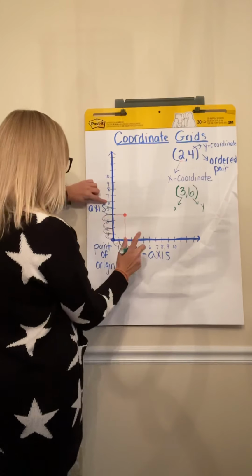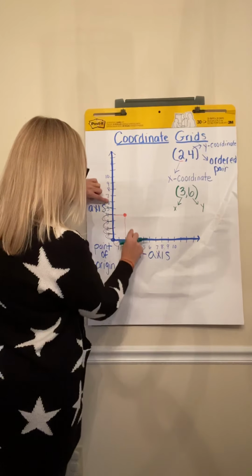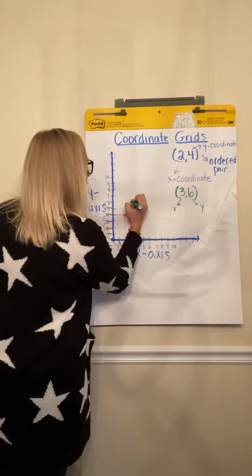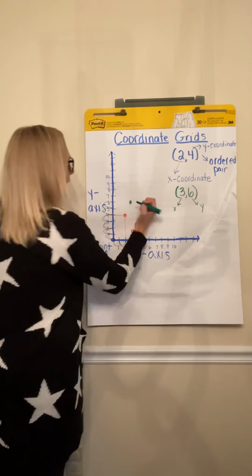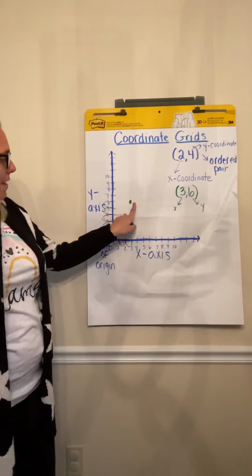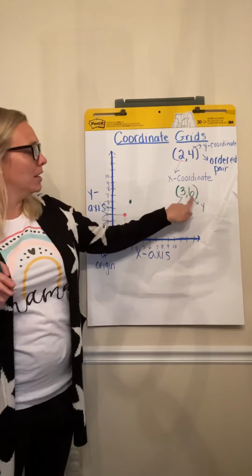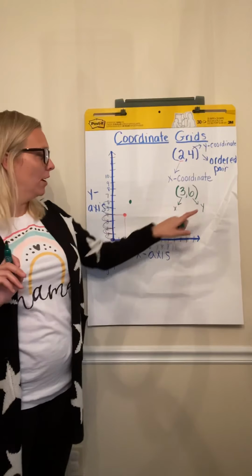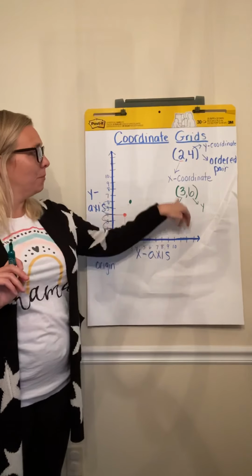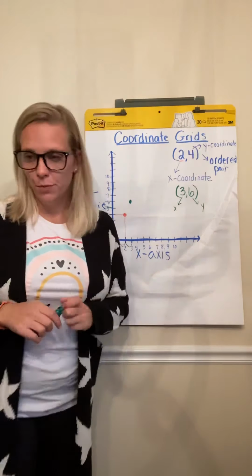Then I'm going to find where the 3 and the 6 meet, and I'm going to plot that point. So you'll notice that this one is a little bit higher. It's a little bit higher up because the Y number is larger. It's also a little further over because the X is larger, okay?